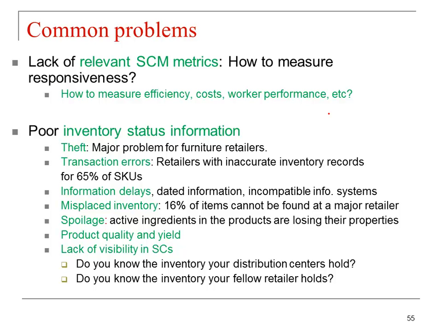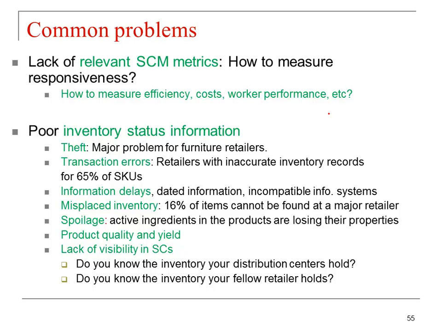Common problems: lack of relevant supply chain metrics. How to measure the responsiveness? It's very difficult. How to measure the efficiency, cost, worker performance, and so on. That's why you need to make sure that you plan for the strategy very well.